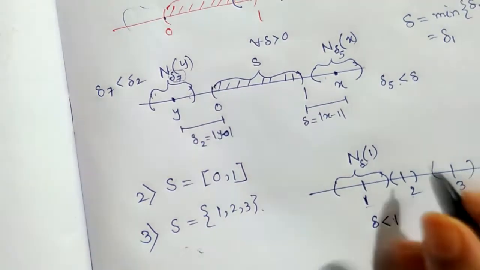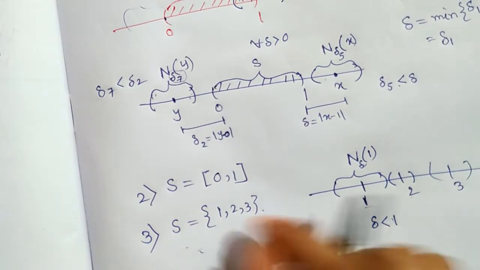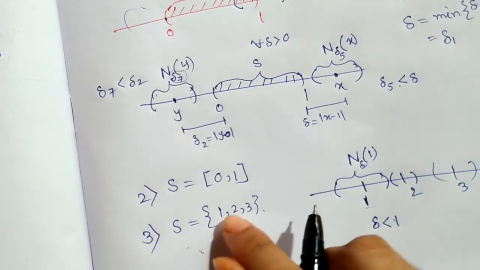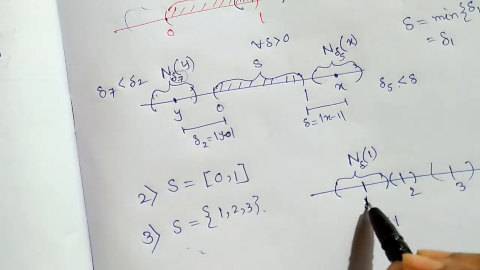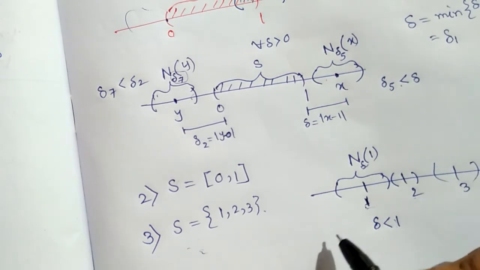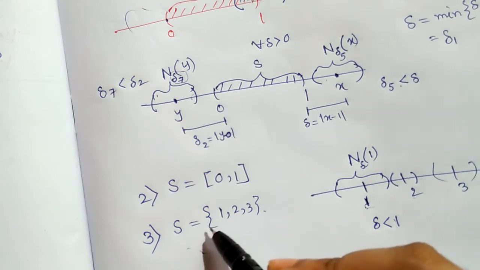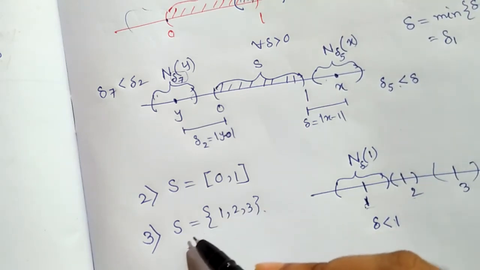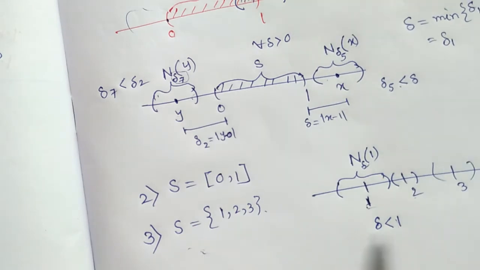So in case of a finite set, there is a gap between any two members of this set, and this gap causes the points not to be limit points of S.